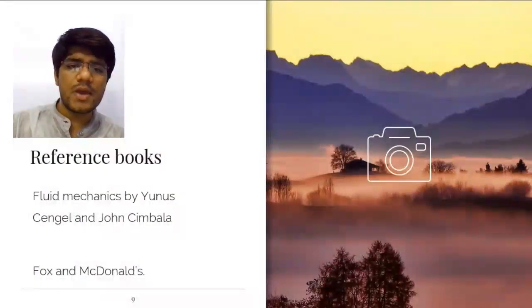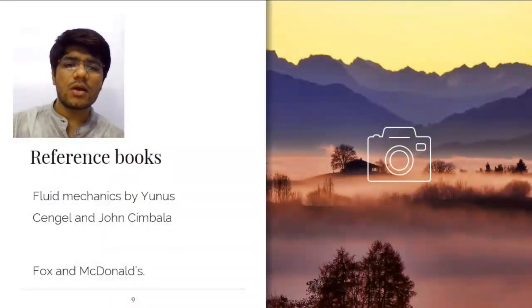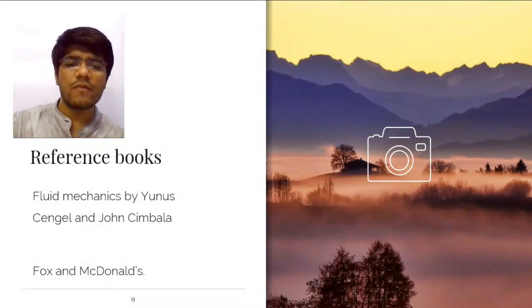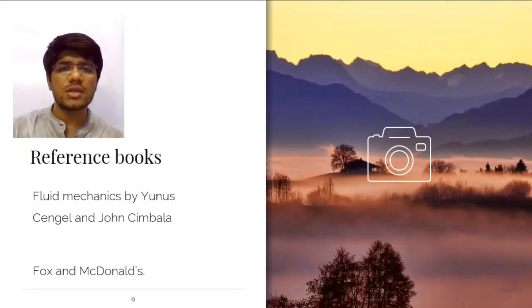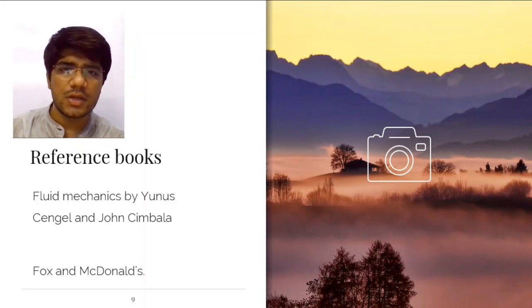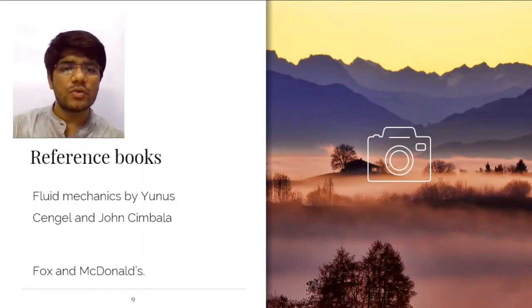The best books are Yunus Cengel and John Cimbala. Along with this, there is Fox and McDonald's fluid mechanics also. Yunus Cengel is a very deep book, and the explanation is very good. You can read that, or along with this you can also refer to unit operations.